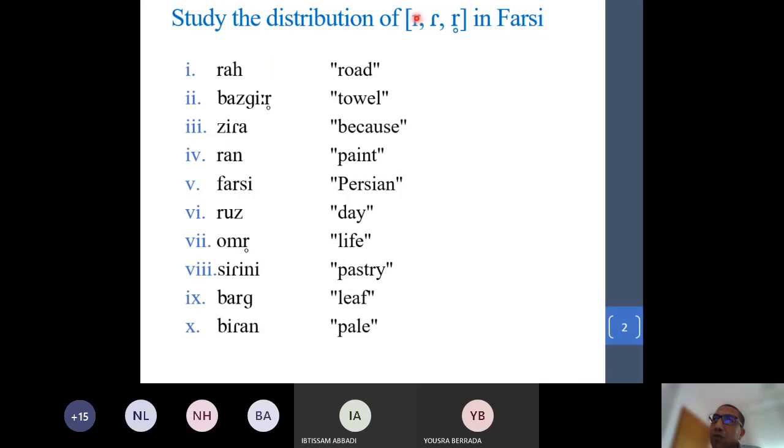For each of the three sounds, we need to construct a list of all the appearances, each time including the preceding segment and the following segment. It is very important to go through the data set. Here we have a small data set consisting of 10 words. It is important that you go through the data word by word, carefully and systematically, in order to reduce any probability of error.